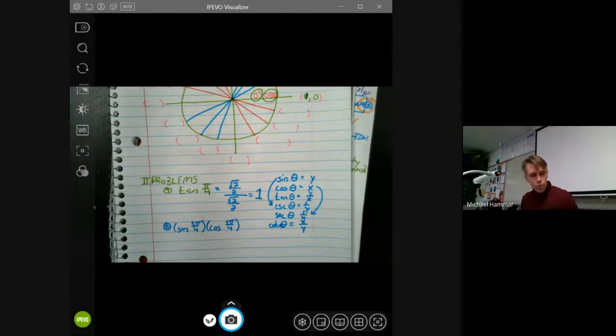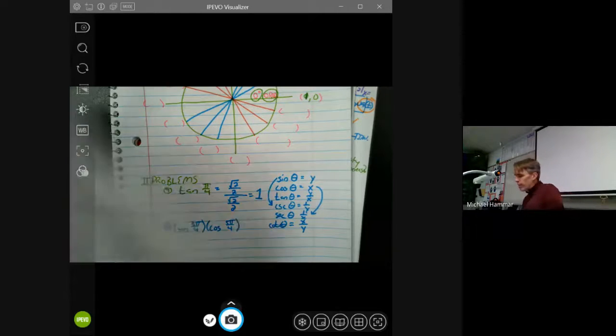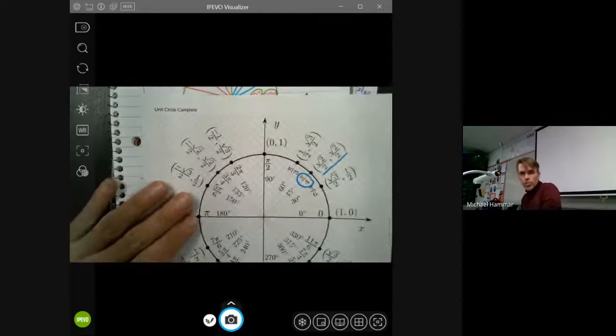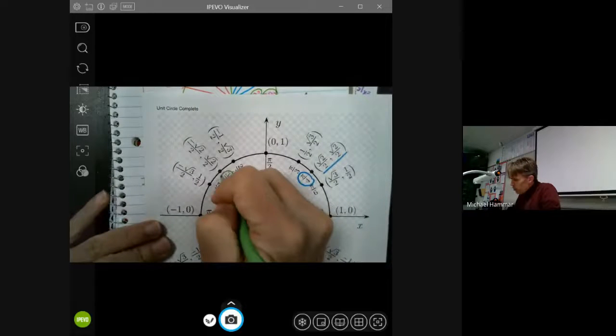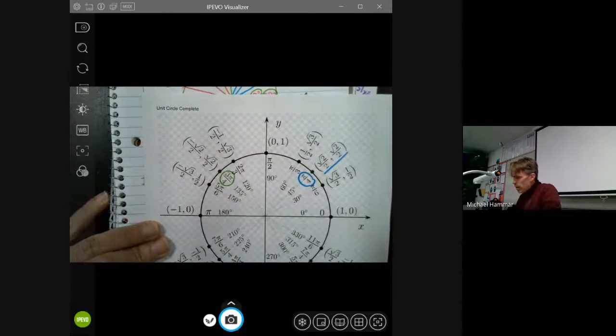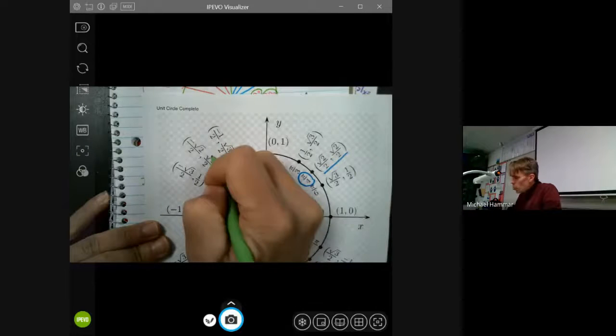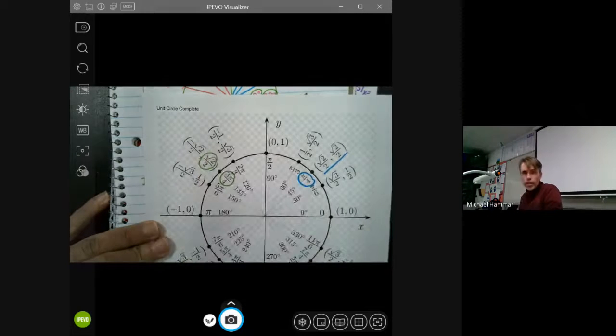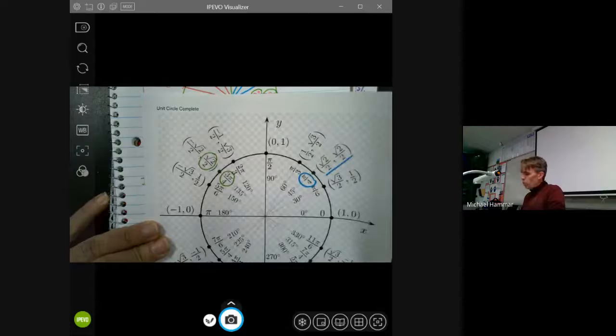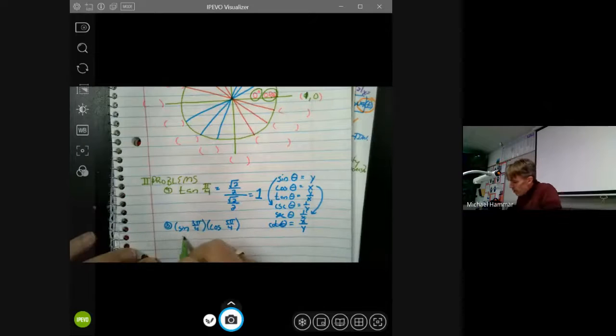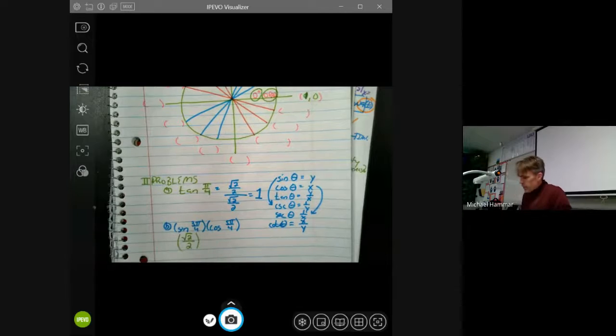Sine is the y coordinate, and for 3 pi over 4, you need to know where that is located. Let's take a look at our unit circle. Here is 3 pi over 4, and sine is the y coordinate of the point. So it's the square root of 2 over 2, and it's positive. You do need to make sure that you keep your signs correct when you're doing this.